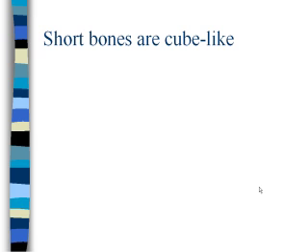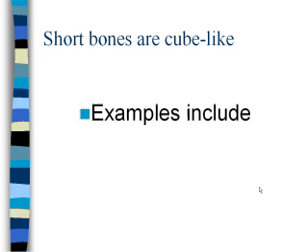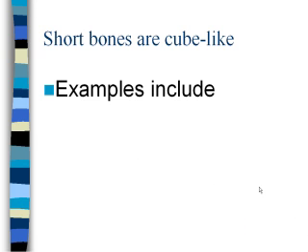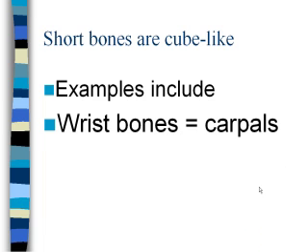Okay, some examples. I just went over them. Wrist bones, aka carpals, giving you the common name and the scientific name for the bones. At some point, you are going to be asked to give me the scientific name of all the bones.